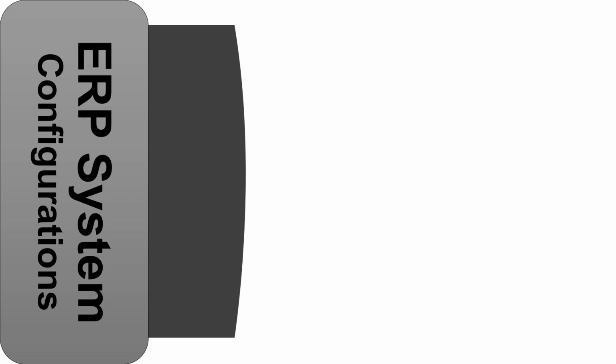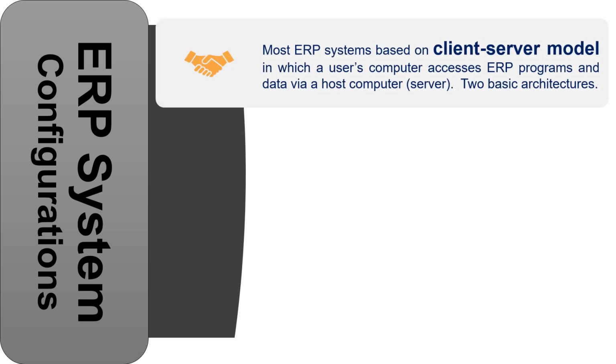Let's look now at the ERP system configuration. First, most ERP systems are based on the client-server model, in which users' computers access ERP programs or systems and data via a host computer server. This is what we call the two basic architectures.